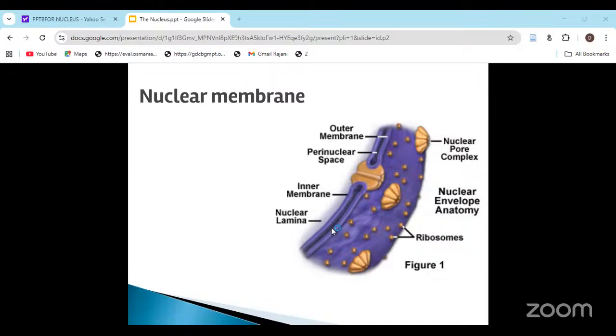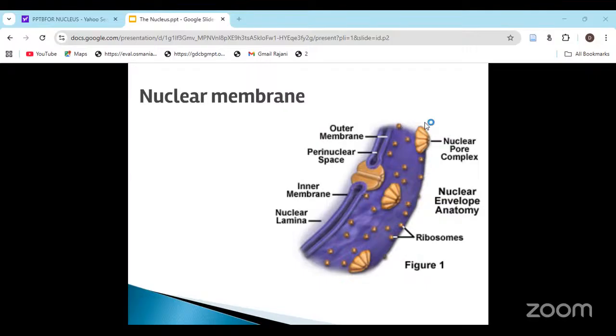This is the nuclear membrane, outer membrane and inner membrane. See, this is the outer membrane, and this part is called the inner membrane. In between is an empty place, the perinuclear space, between the outer and inner membranes. This is called the nuclear lamella.